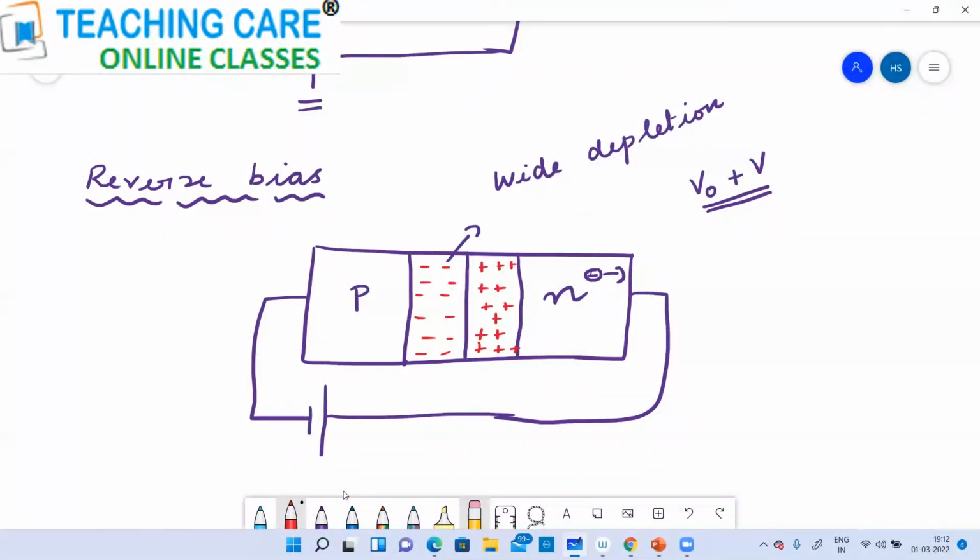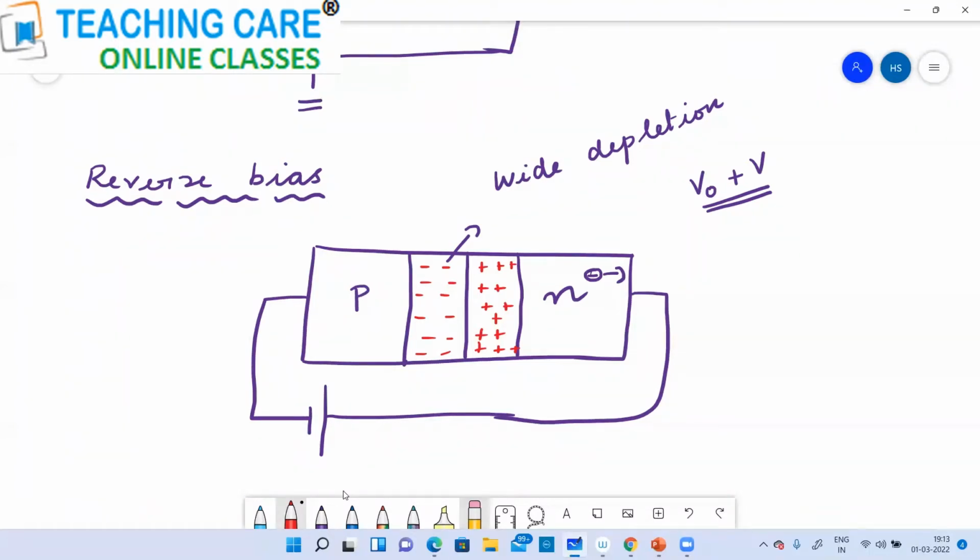Yes. From what I have understood, we took the normal PN junction diode, and this time instead of connecting positive to P, we're connecting negative to P, and positive to N. So the negative side of the battery is attracting the holes of the P side.